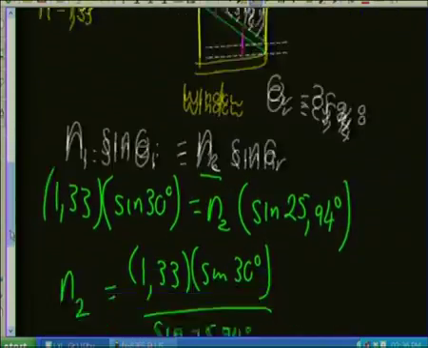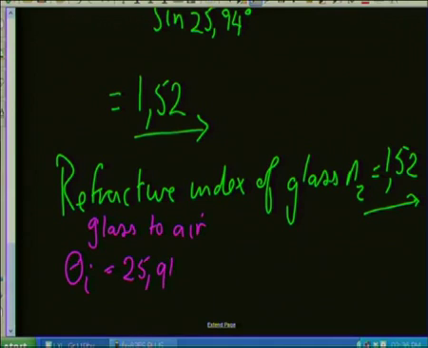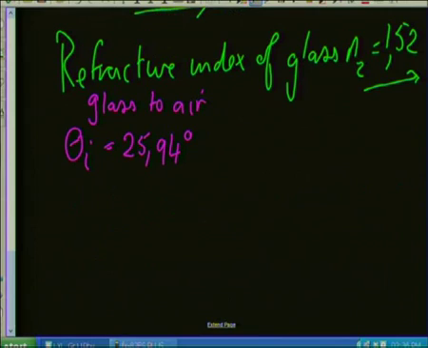So the angle of incidence now at the second surface, when we're moving from glass to air, the angle of incidence is 25,94 degrees. That's the angle of incidence.